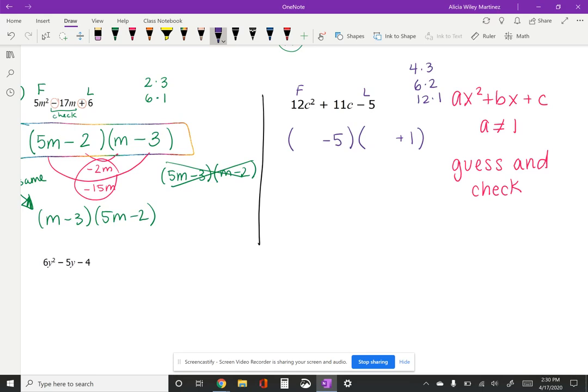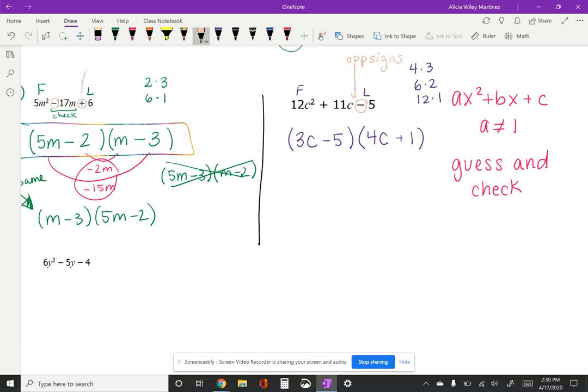So I'm going to go with the 4 and the 3, 3c and 4c. Because 3c and 4c will give me 12c squared, negative 5 and positive 1 will give me negative 5. Remember, in a problem, if the last term is negative, you know that these signs are going to be opposites. This tells you that you're going to have some opposite signs.